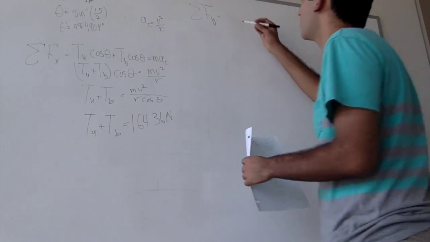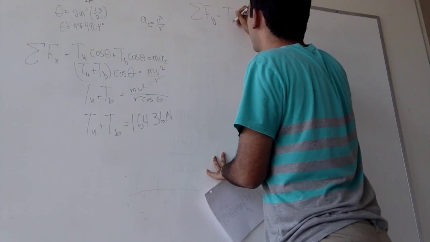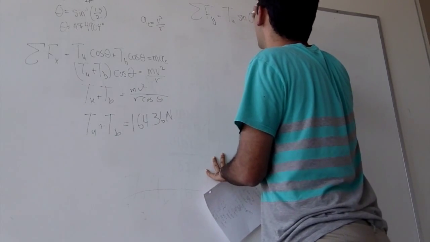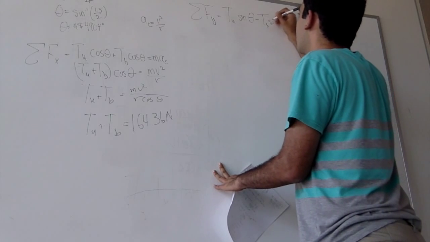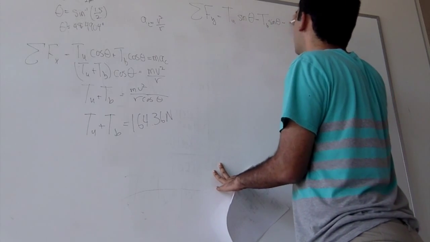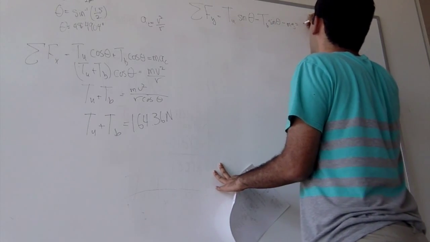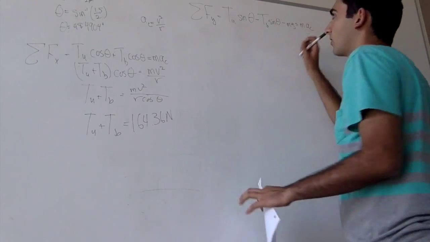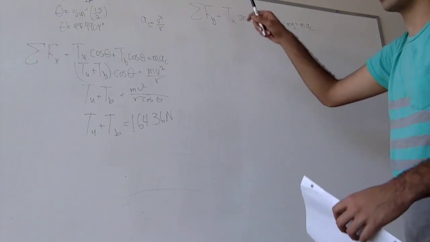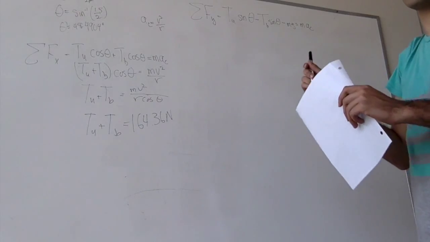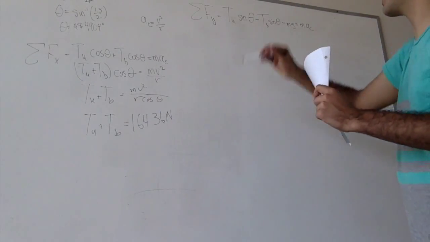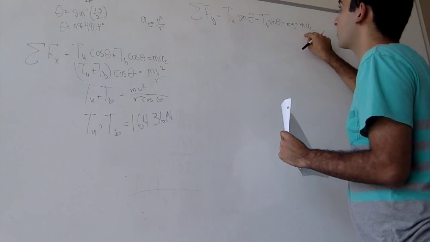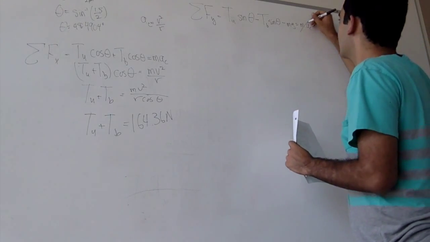So T upper sine theta minus T below sine theta minus mg is equal to m a centripetal. But let's stop a minute and think about that diagram. It's moving around in a circle, not moving up and down, so the acceleration in the y direction is equal to 0.